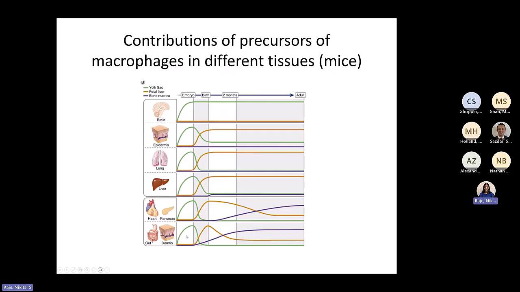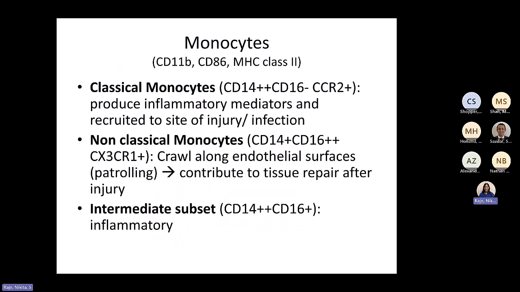This is in mice, and what happens before birth versus after birth. We talked about different tissues where they are coming from, yolk sac or liver, and then after birth, a lot of the cells that are coming from bone marrow go up more in the blood circulation rather than these organs. So monocytes are CD11b positive.